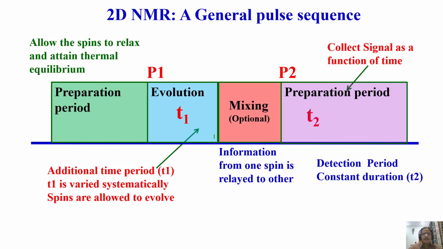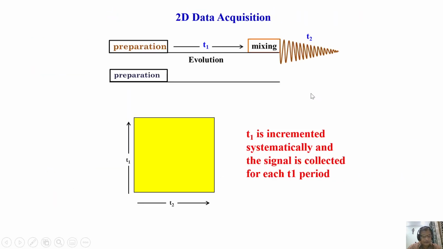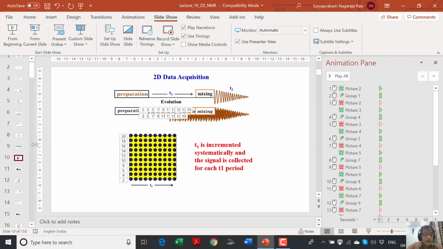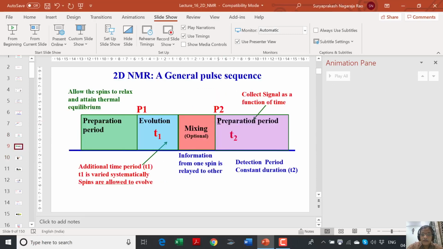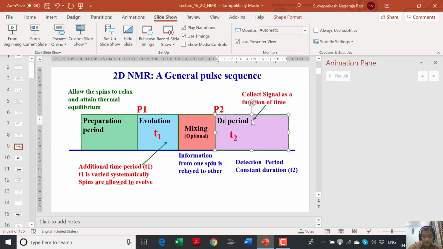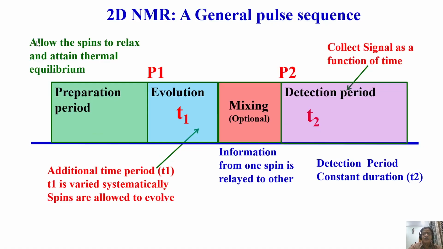These 4 time periods have been divided into preparation period, evolution period, mixing period, and detection period. These are the 4 periods that any two-dimensional pulse sequence will have.